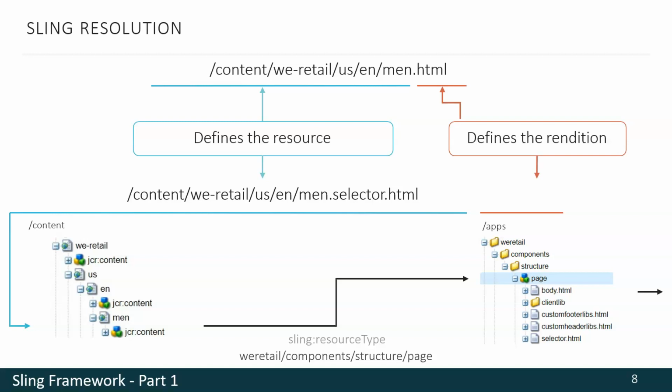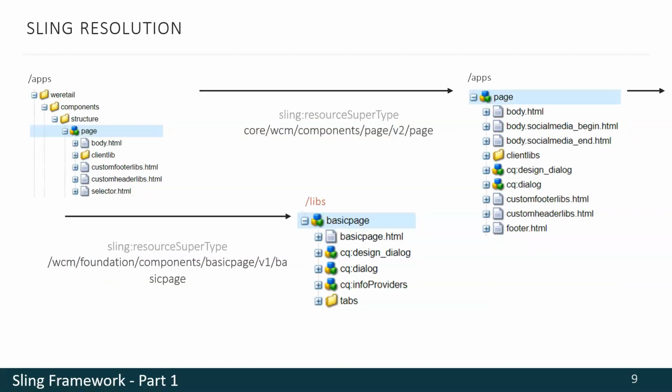So the resource type is found under the apps folder, and let's take a look at the properties of that page. The page has the property Sling resource supertype. Here it is with this value, which is also found under apps, this page. This page in turn inherits from the basic page, again with a Sling resource supertype property, and this basic page is located under the libs folder.